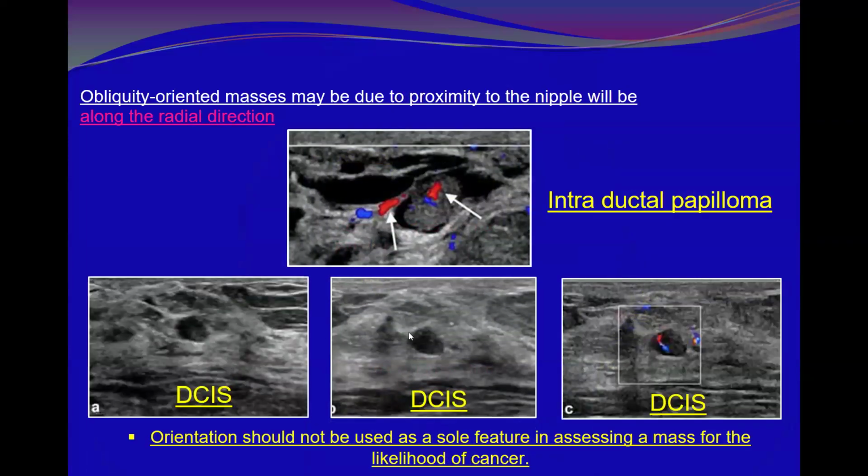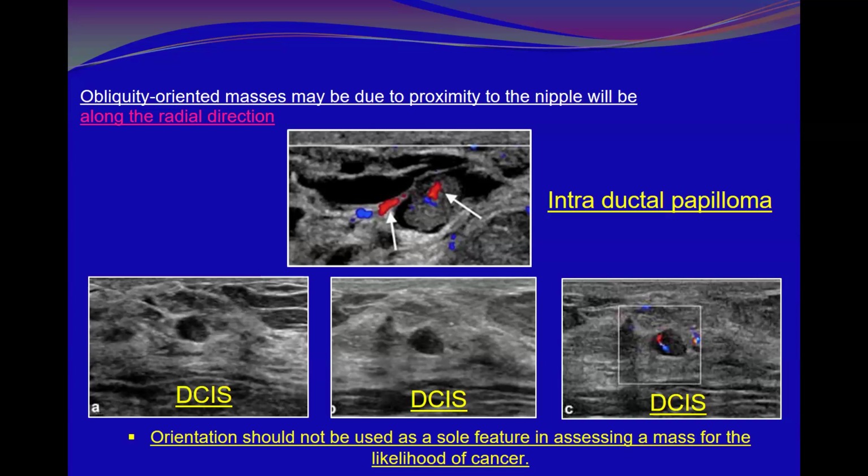Okay, I'll explain. Here we have two examples of retroareolar lesions. This one is obviously seen intraductal, and as we mentioned, the ducts are radiating, crowded and pointing toward the nipple in a radial direction. Do you agree with that in the sonographic anatomy? Yes.